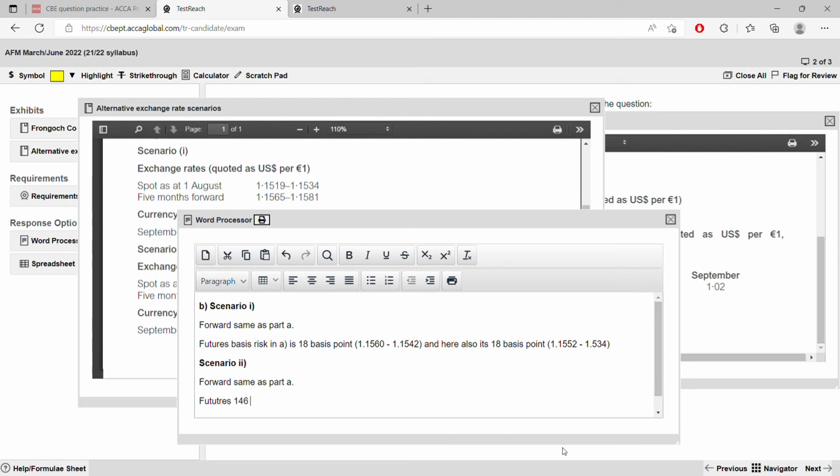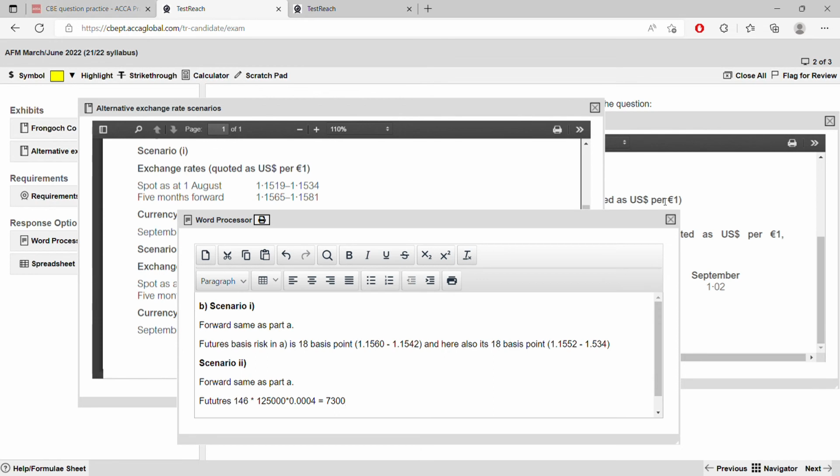146, multiply by the contract size and 4 basis points, 0.0004. I think there are 3 zeros, 4. What is the result? 7,300. So you have to add this to the result of the hedge, the 7,300. You have already got it in the future.